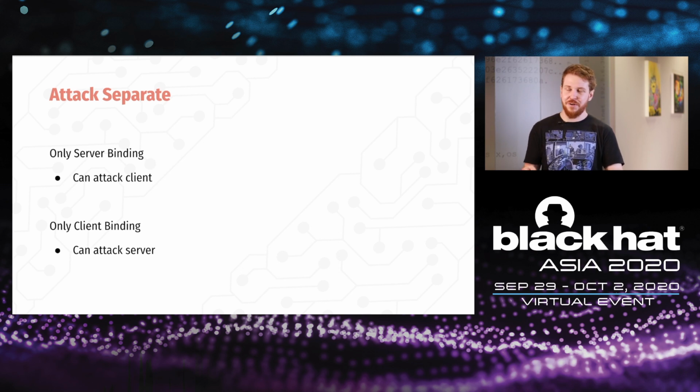If only the server is crypto binding, you can attack the client. The client will still connect to you, because when they start connecting, you don't have to present crypto binding. But when you connect to the server, you say, okay, I will crypto bind, but you just relay the inner authentication as usual.